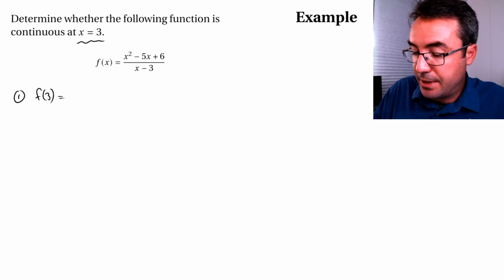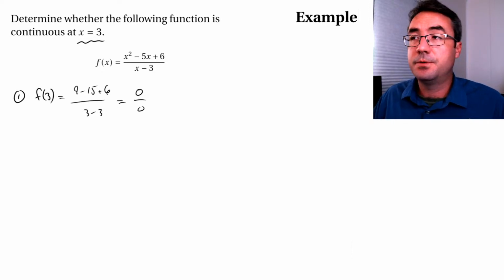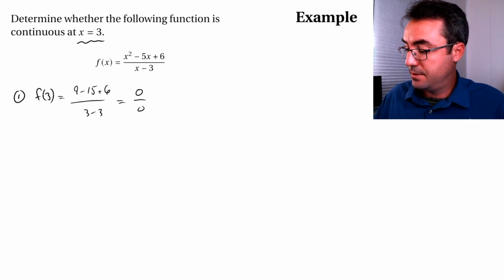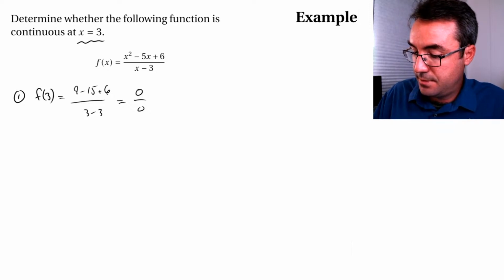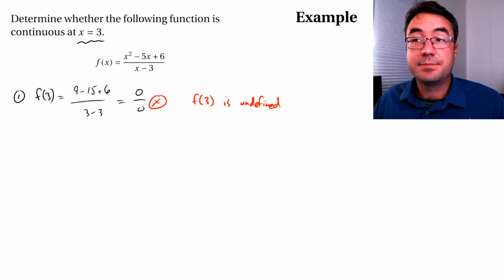So when we do that, we get 9 minus 15 plus 6 over 3 minus 3. Simplifying, we get 0 over 0. That's undefined. So f of 3 is undefined. And we can stop.